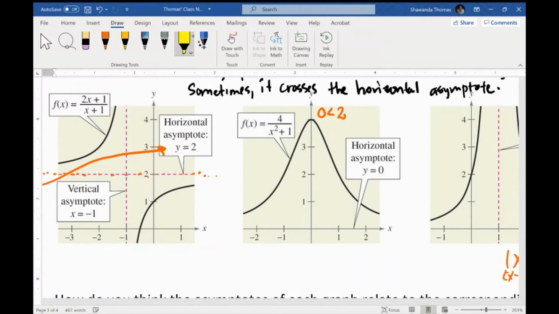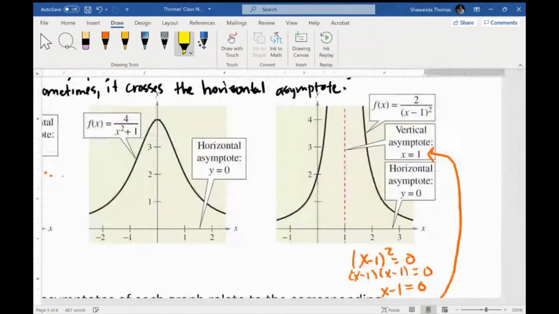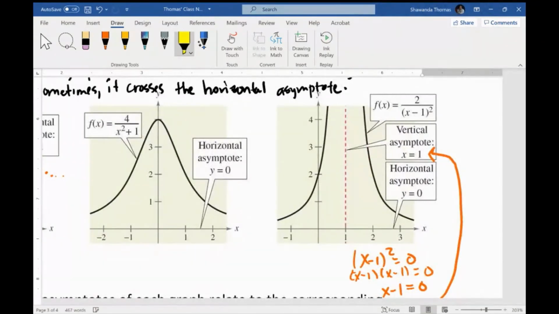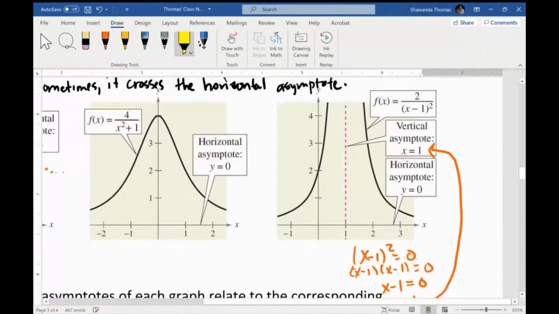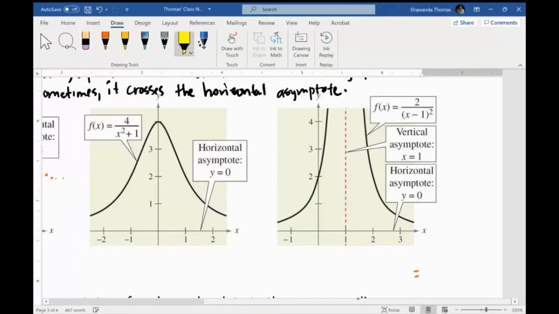All right. Let's do one more, and then we'll practice. We have 2 over x minus 1 squared. What's the degree of the numerator? 0. Degree of the denominator? 1? No. 2, right?